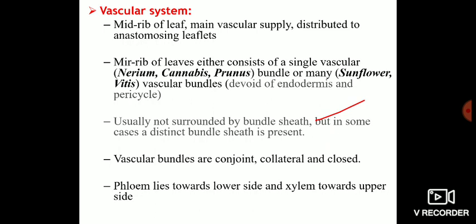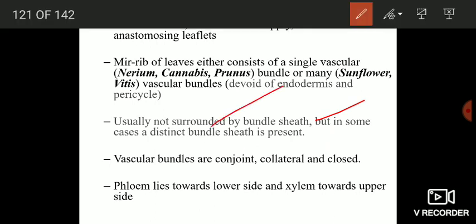Now the vascular system. The midrib of the dorsiventral leaf is the main vascular supply, which is then distributed to anastomosing veinlets.